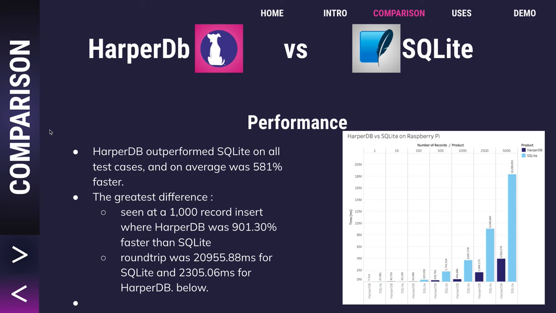So HarperDB outperformed SQLite on all test cases, and on average was 581% faster.